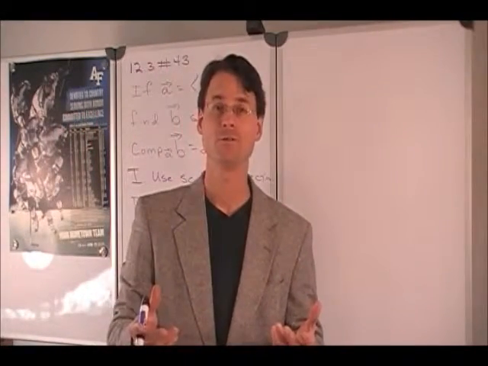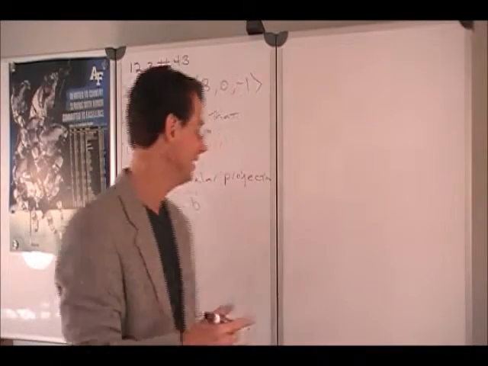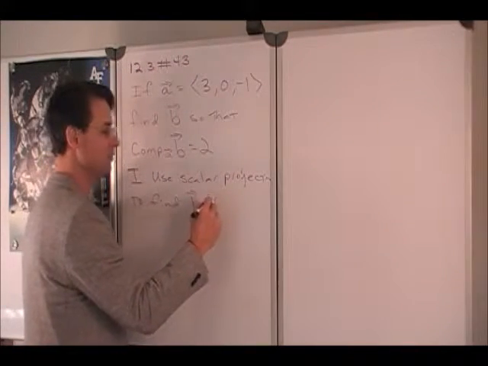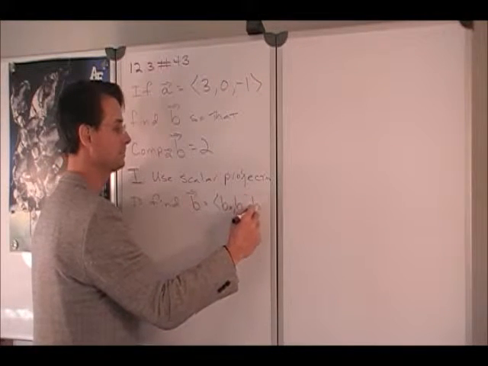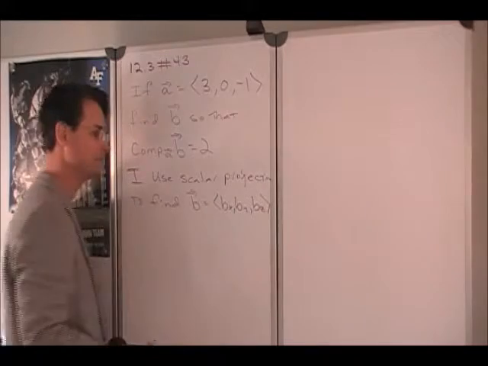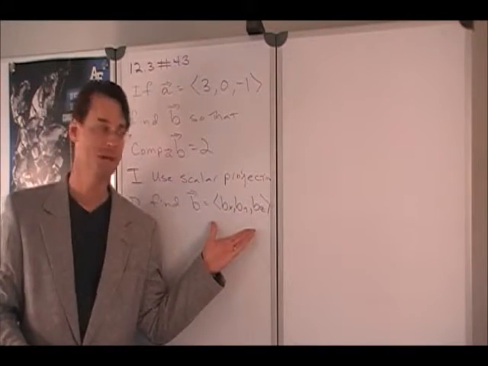Well, these are 3-dimensional vectors, so to find the vector B means we're finding the x component, the y component, and the z component of the vector B.